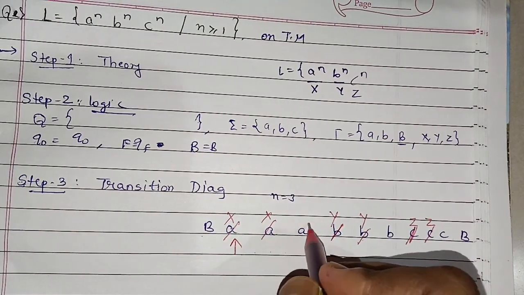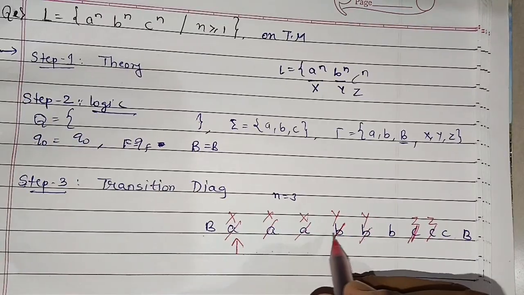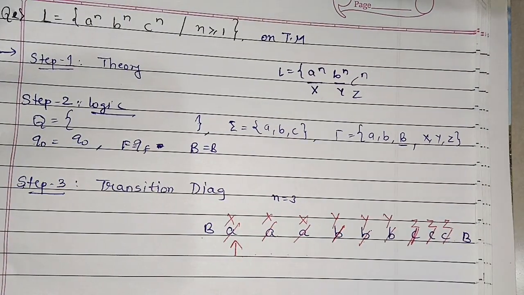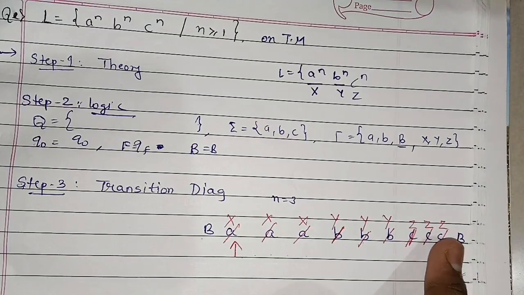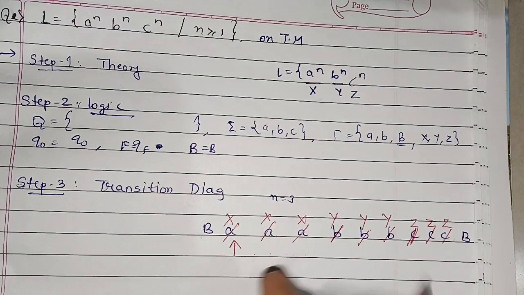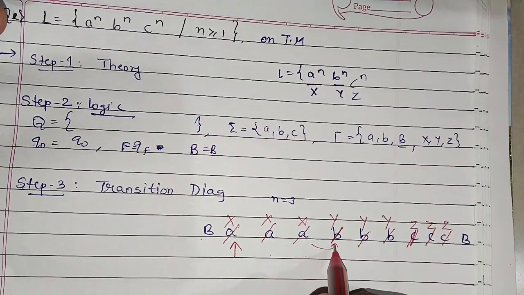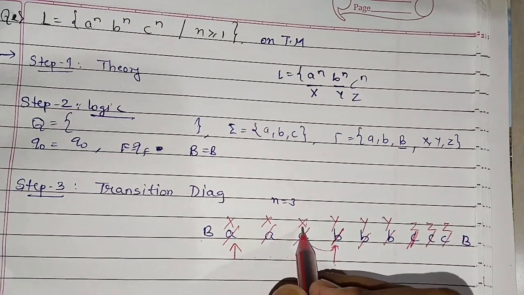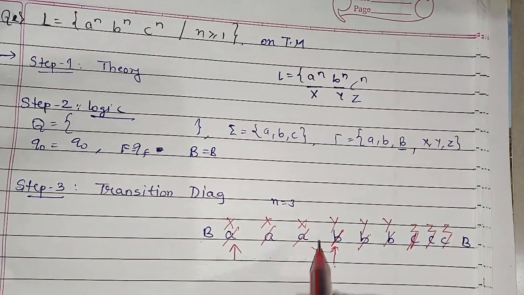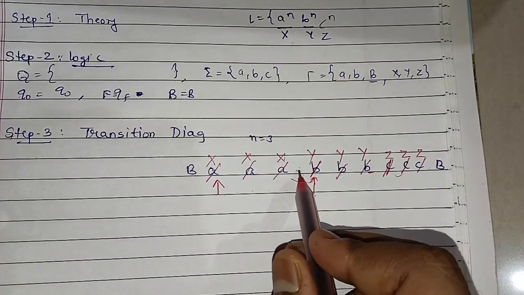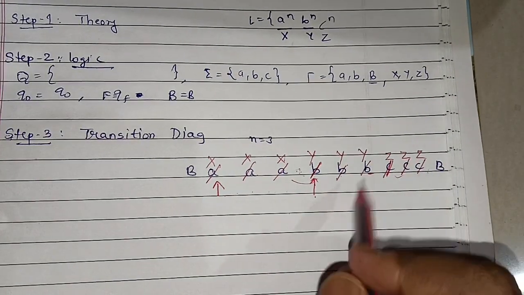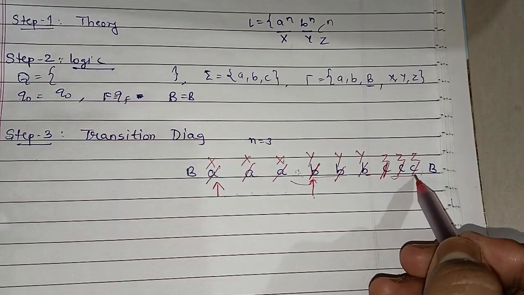Again I will come back, make it x, go right, make it y, again right, make it z, and again it will come back and see an x, so it will go to this. Now the head is pointing here. When it comes, it sees that after x there is y, meaning there is no a remaining. Since there is no a remaining, there should be no b and no c either, meaning there will be consecutive y's and consecutive z's.